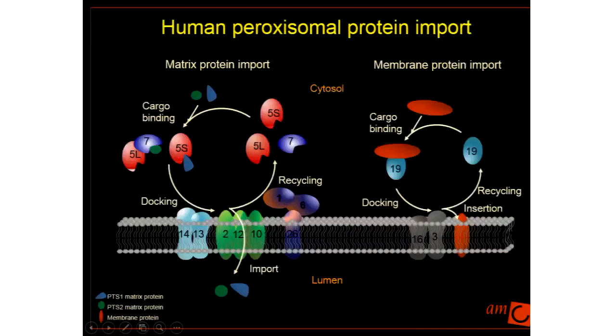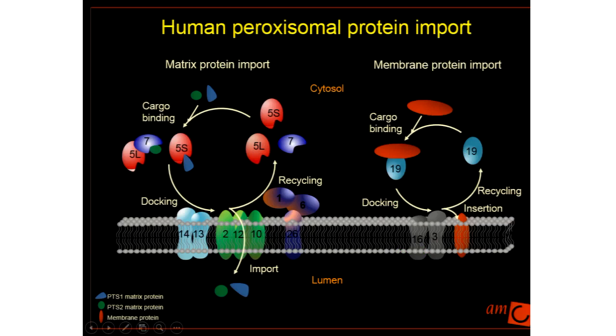And in the Zellweger spectrum, most of the genetic defects of the patients with a PBD are caused by mutations in any of 13 different PEX genes, and these PEX genes encode proteins involved in import of matrix proteins as well as in the import of membrane proteins into the peroxisomal membrane, and Nancy alluded to that already.